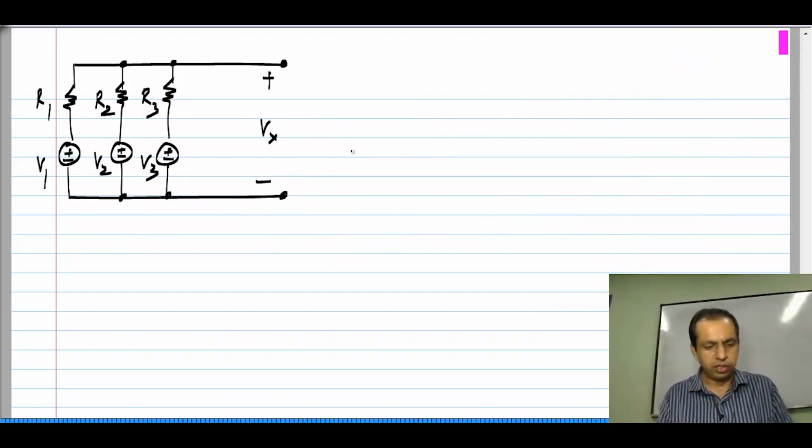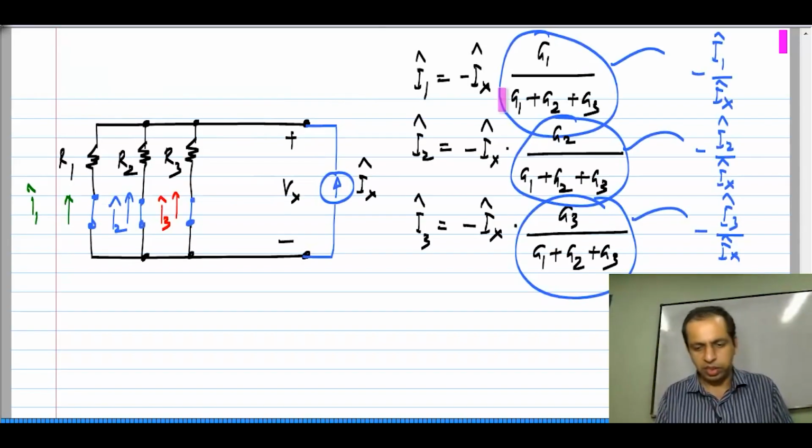So, in my original circuit now, I have got to do superposition, and that is quite easy. V x is simply contribution from V 1, which is V 1 times the ratio which I wanted, and that ratio is nothing but G 1 by G 1 plus G 2 plus G 3, because this minus I 1 hat by I x hat is nothing but V x by V 1 when V 1 is acting by itself.